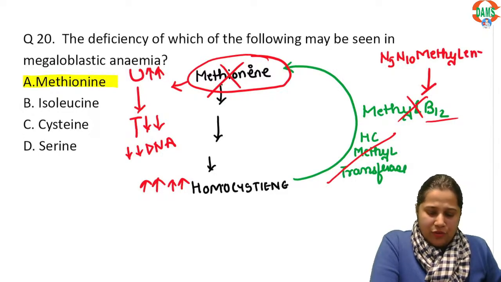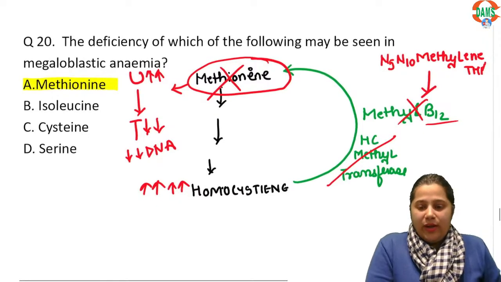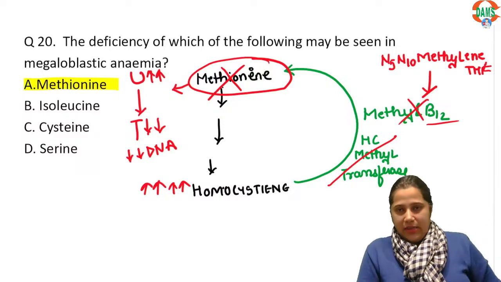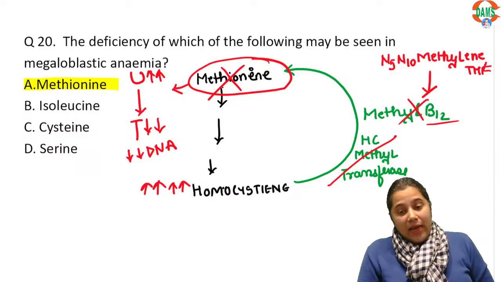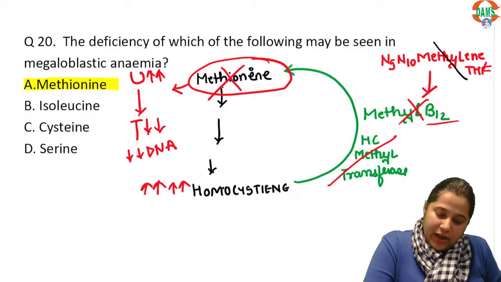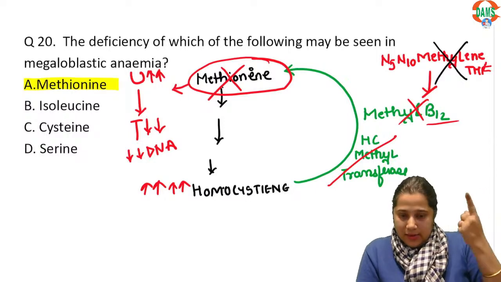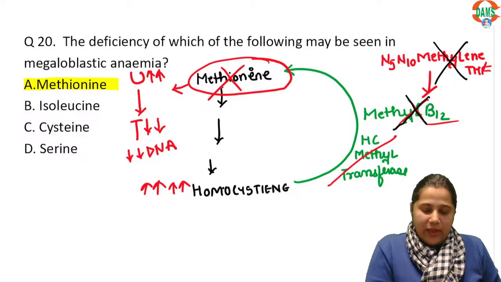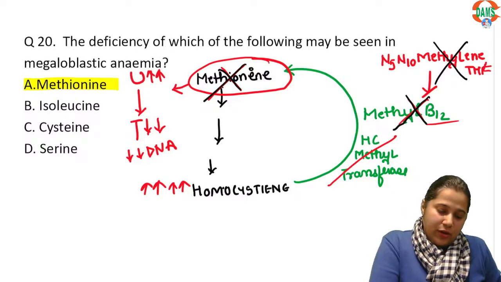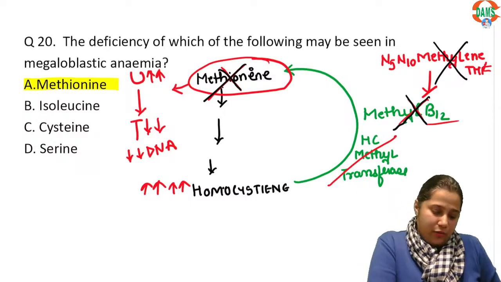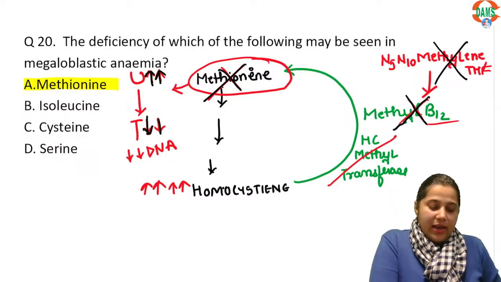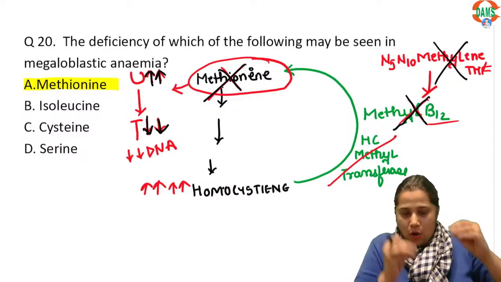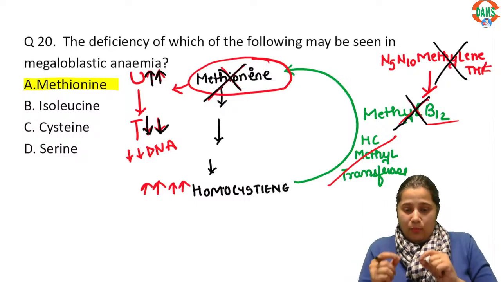Of course, via one more step, N5 methyl tetrahydrofolate is the final donor. But yes, the central folate molecule is N5-N10 methylene tetrahydrofolate. That means even if somebody is not having tetrahydrofolate, no methyl group comes from tetrahydrofolate, no methyl B12. There will be no methionine and no conversion of uracil to thymine. Uracil will increase, thymine will decrease, and hence B12, B9 and methionine deficiency all can be seen as megaloblastic anemia.